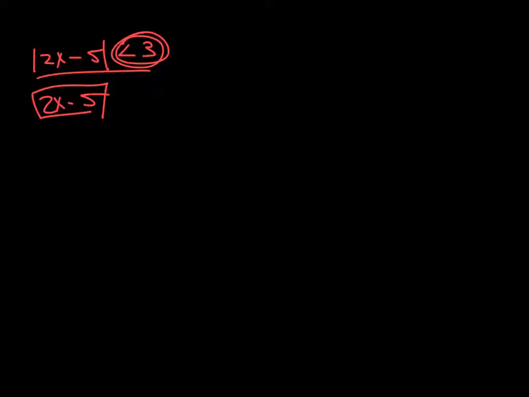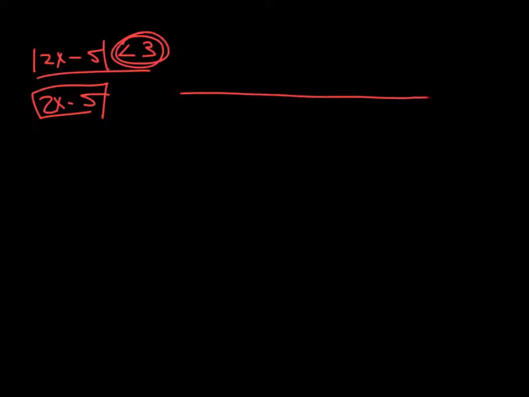We have the absolute value of 2x minus 5 is less than 3. Translated, that means 2x minus 5, the distance from 0, is less than 3.